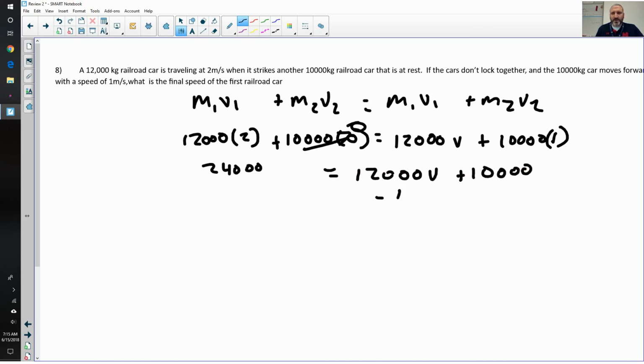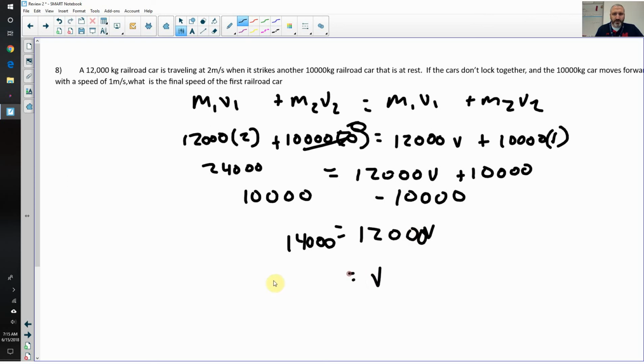We're going to subtract 10,000 from both sides. We're going to have 12,000 V equals 14,000. And divide that, 14,000 divided by 12,000. V should be 1.16 meters per second.